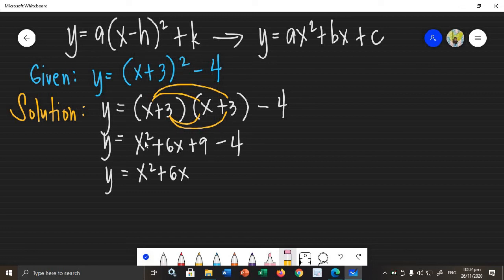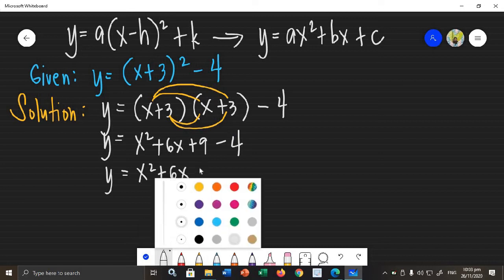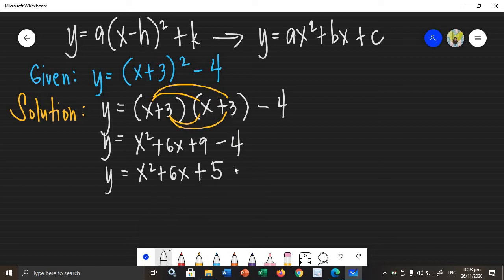Now, we did get this solution, no? Ngayon, we will combine the constants, which is 9 and negative 4. Kasi pwede natin sila i-combine, okay, pagsamahin. So, positive 9 minus 4, that is equal to positive 5. So, it will become plus 5.